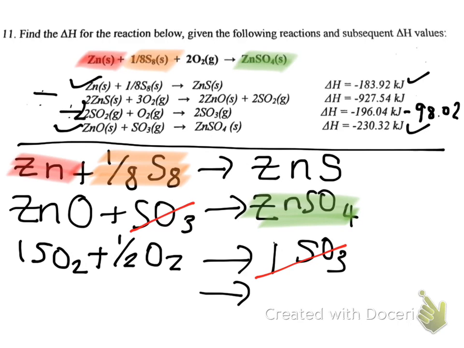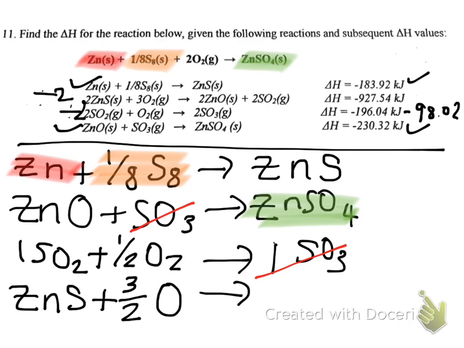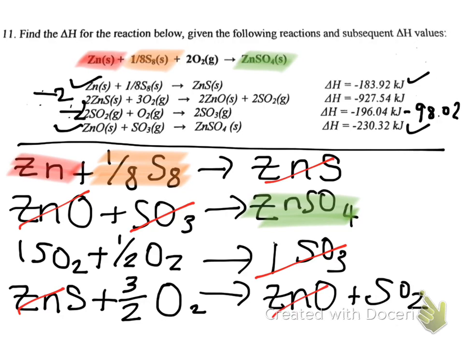So I'm going to write here divide by 2. So we're going to be left with zinc sulfide plus 3/2 oxygen yields zinc oxide plus SO2. So now let's go ahead and cross out what we can: zinc oxide, zinc oxide, zinc sulfide, zinc sulfide, SO2, SO2.